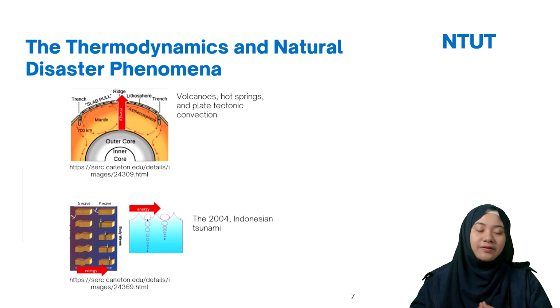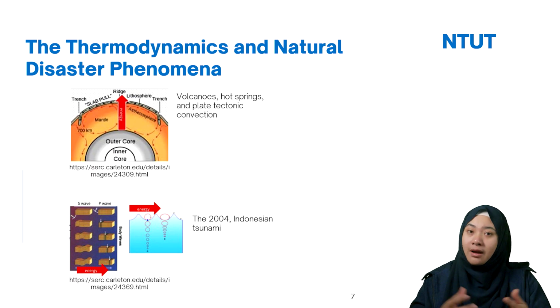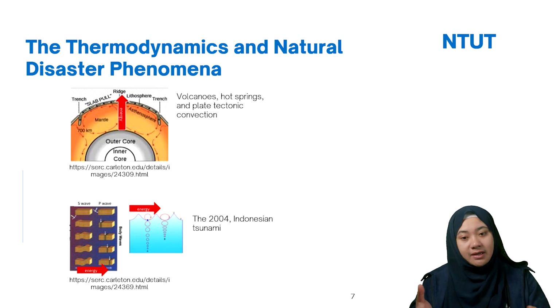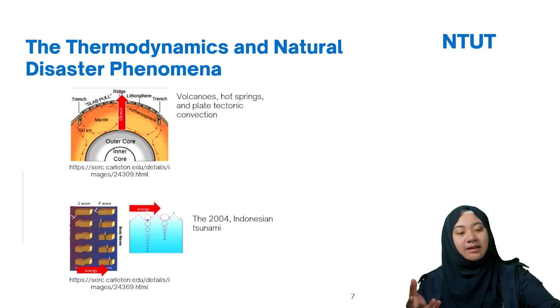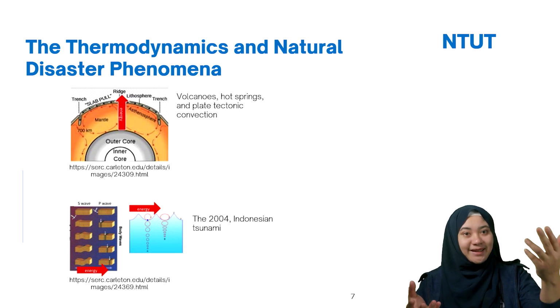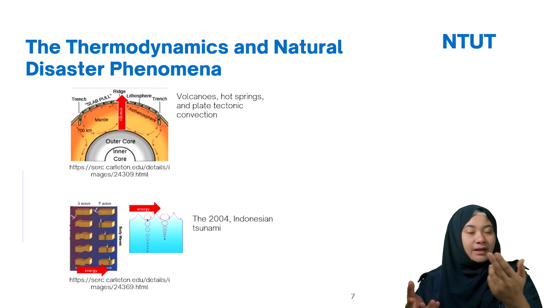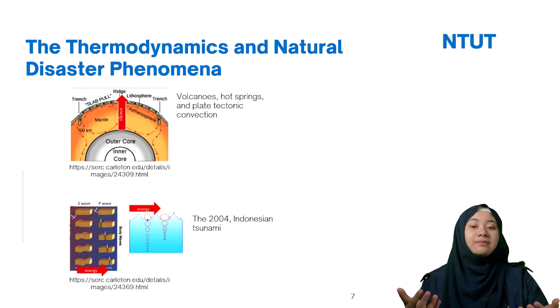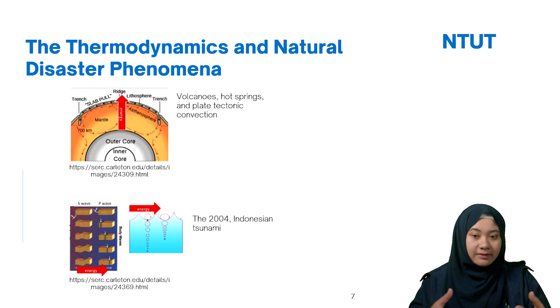And another, if you see, we also have typhoons. How do typhoons come? A typhoon is actually from the sea, which overheats and produces a lot of wind, and this wind moves and goes to the island. So it's actually thermodynamics, and we have the natural disaster because of this.